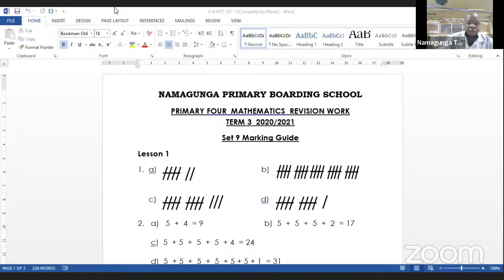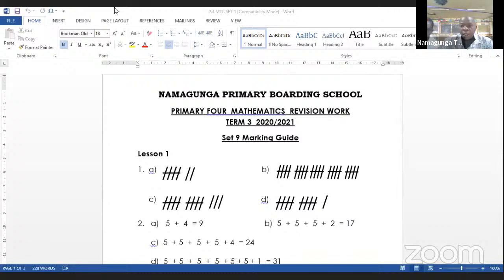For 13, there must be 2 bundles and 3 sticks. I have to draw 2 bundles and then add there 3 sticks. And part D, where we have 11, that means you have to draw 2 bundles and add 1.